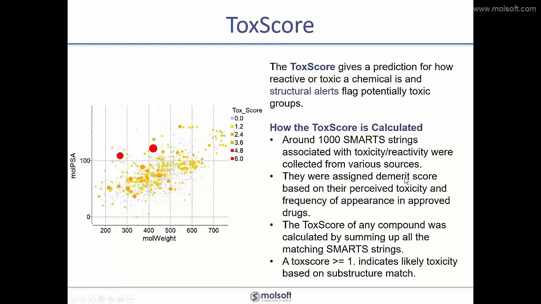They were assigned demerit scores based on their perceived toxicity and frequency of appearance in approved drugs. The ToxScore of any compound was calculated by summing up the matching SMARTS strings, and a ToxScore greater than or equal to 1 indicates likely toxicity based on the substructure match.